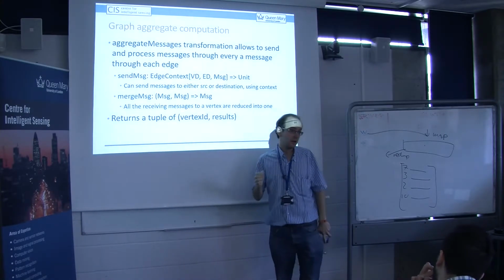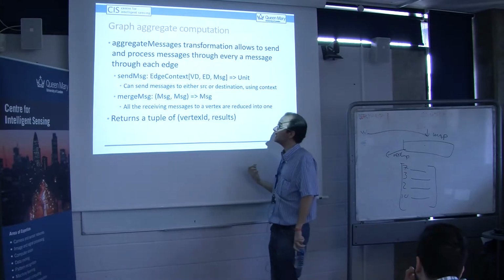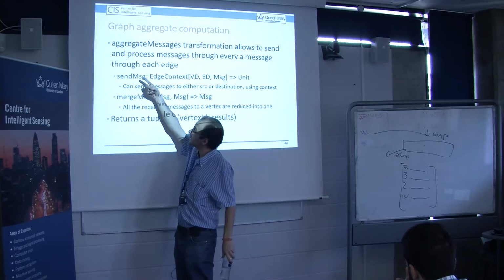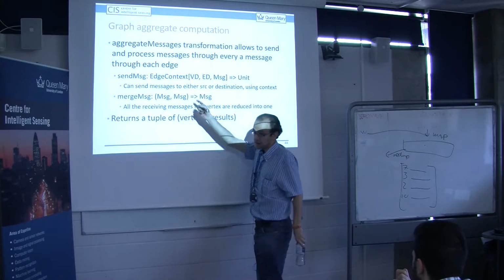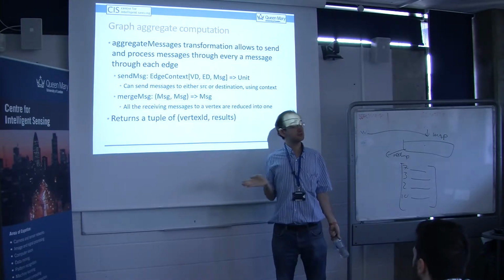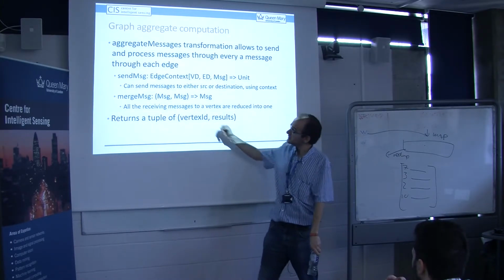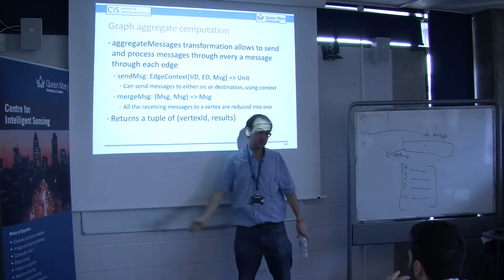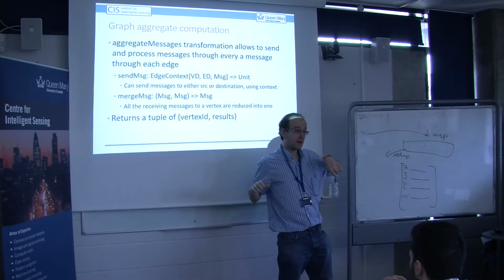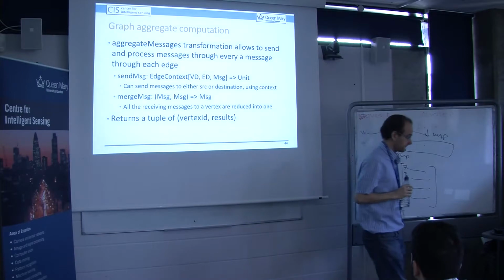So if I have a graph, I can define two functions: one function to specify which messages I am sending to my neighbors, and a second function to specify how to combine all those messages together.